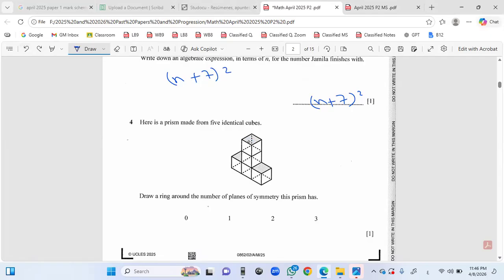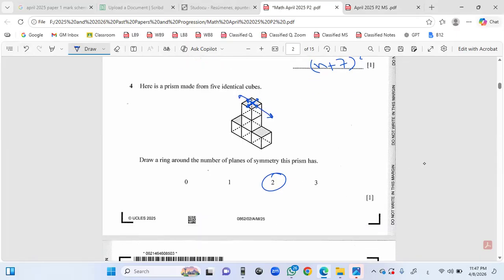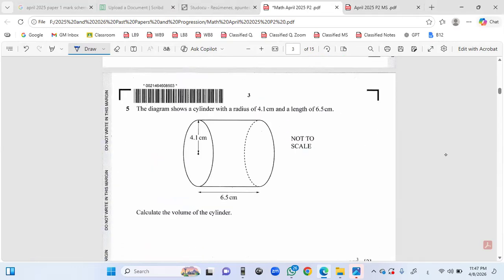You can also split it in this direction going all the way down. So this is going to give you two planes of symmetry, in this direction or this direction, going all the way down. So two planes of symmetry.